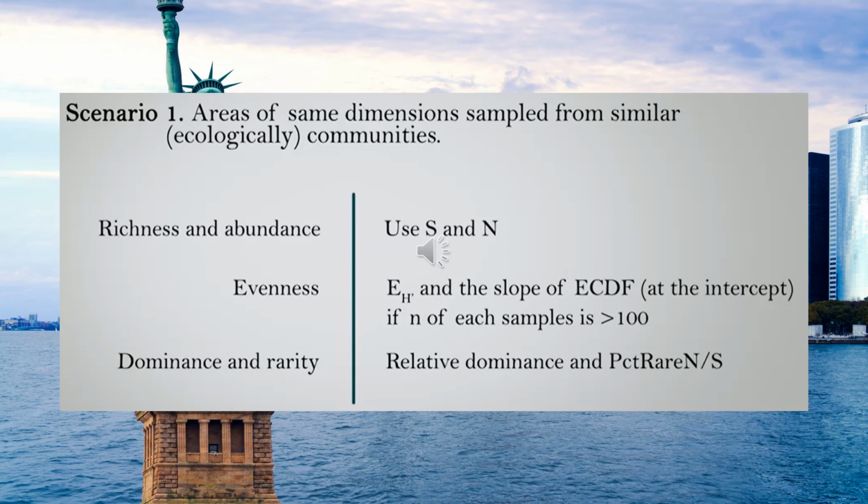And if you want to understand the difference in dominance and rarity, you can just use the relative dominance and the percentage of rare, number of individuals divided by number of species, so PCT rare n divided by S.